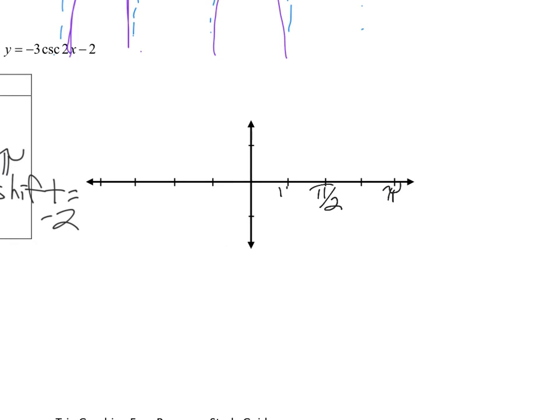Pi over 2, pi over 4, 3 pi over 4. And now we're doing the negatives. Negative pi, negative pi over 2, negative pi over 4, negative 3 pi over 4. Okay.